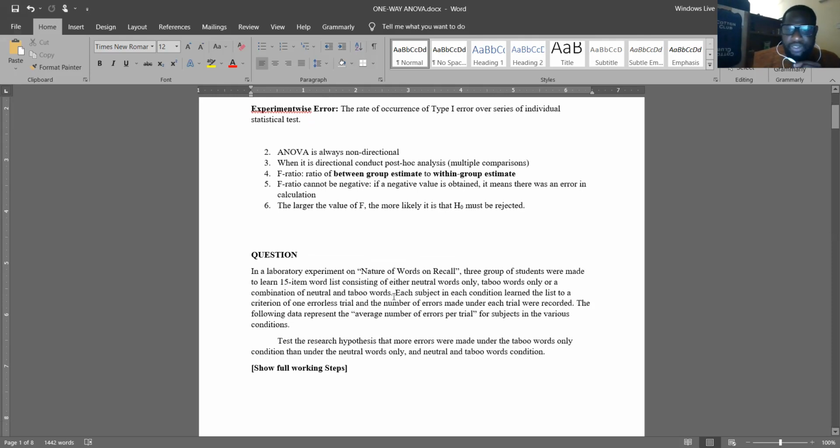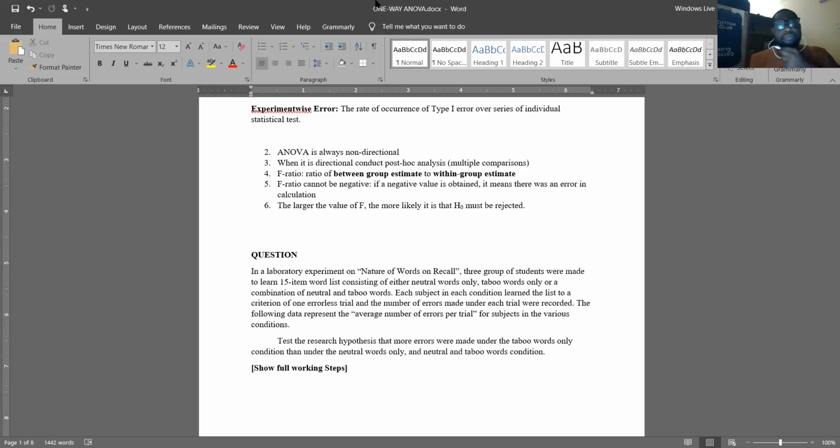So when you read the question, you could see that they were comparing three groups. Then you ask yourself, what is the dependent variable? What were they measuring? Per the question, they were trying to measure the number of errors committed by the subjects. So the number of errors will be the dependent variable.